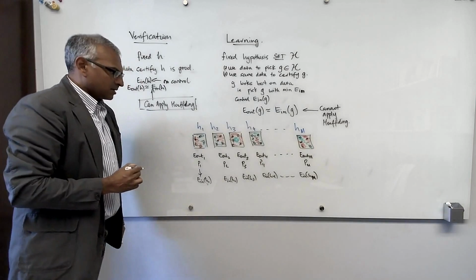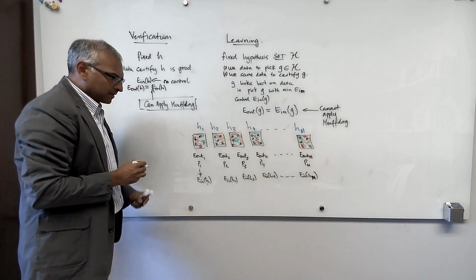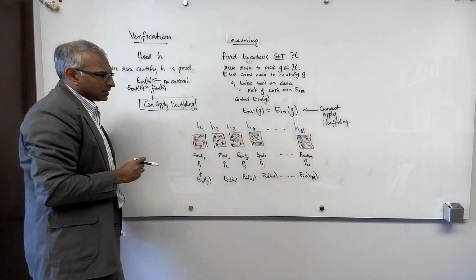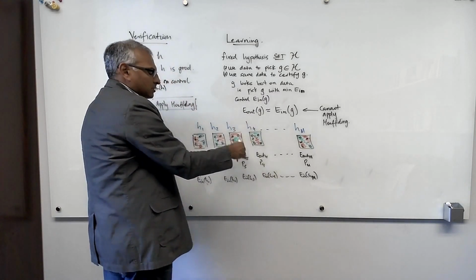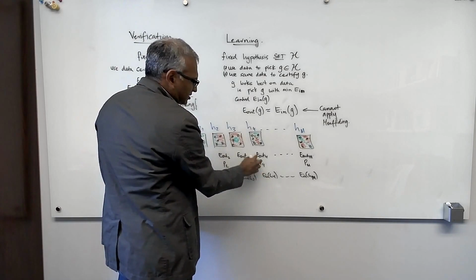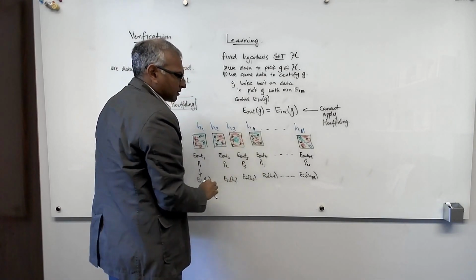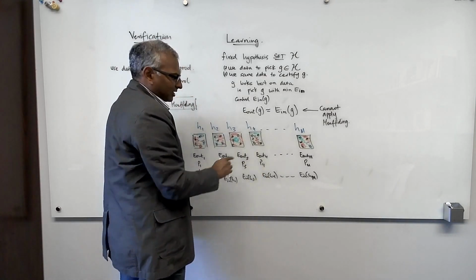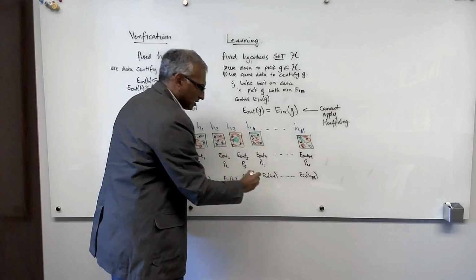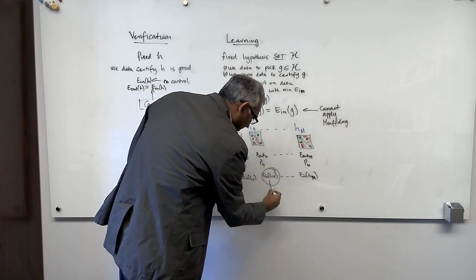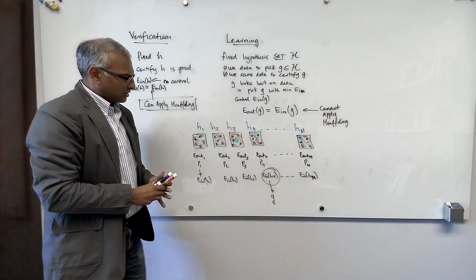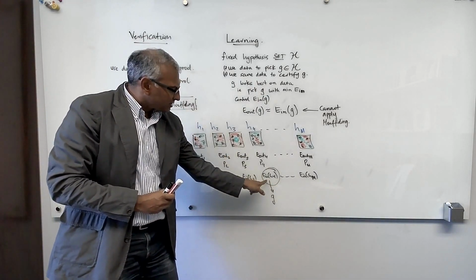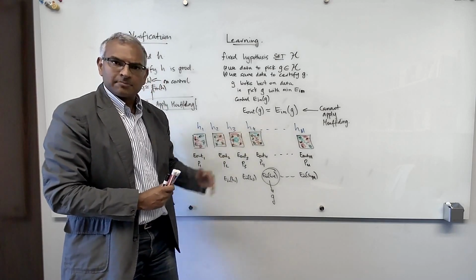But now, here's the key, and this is the problem. Let's say this hypothesis managed to separate the green from the red perfectly, so all the data points here were green. So you pick this one, and that becomes your G. The data is used to pick this hypothesis because all the data points ended up green here.